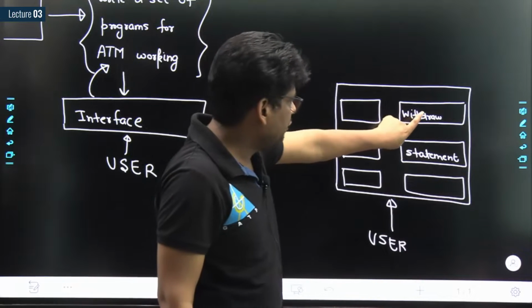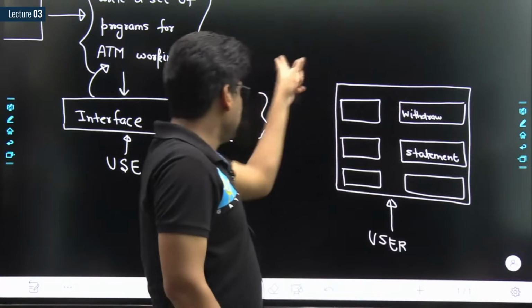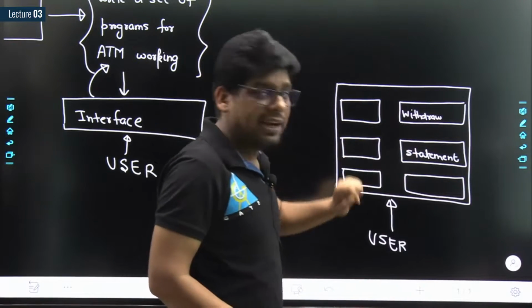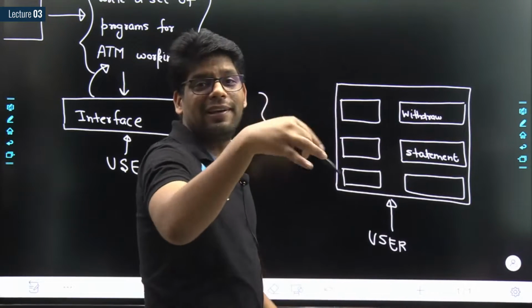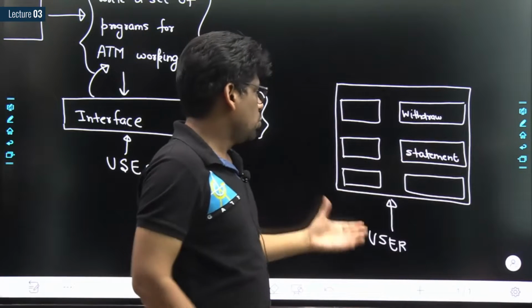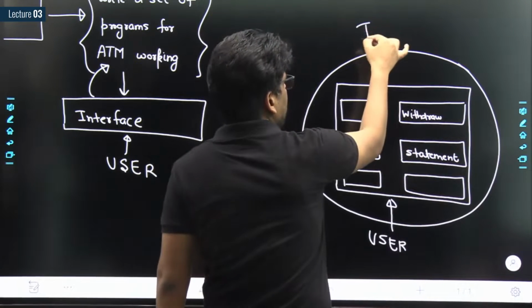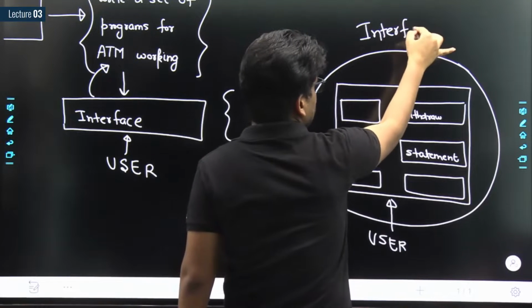Sir, whenever I click withdraw, in the background some program is running. Whenever I click on a statement, some program is running. So things are working because of this interface.